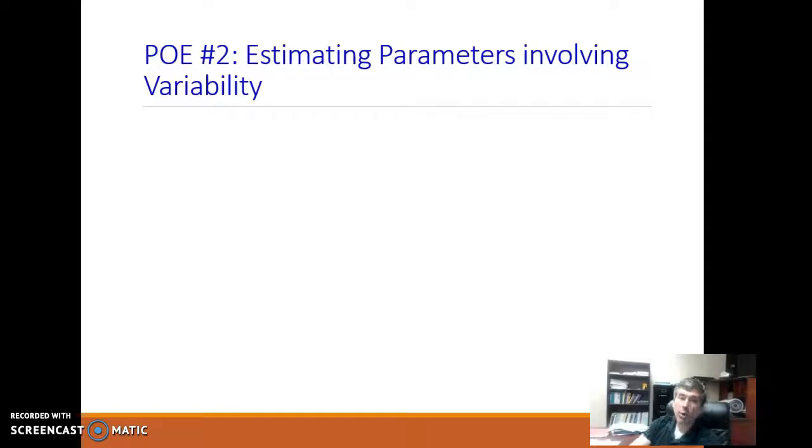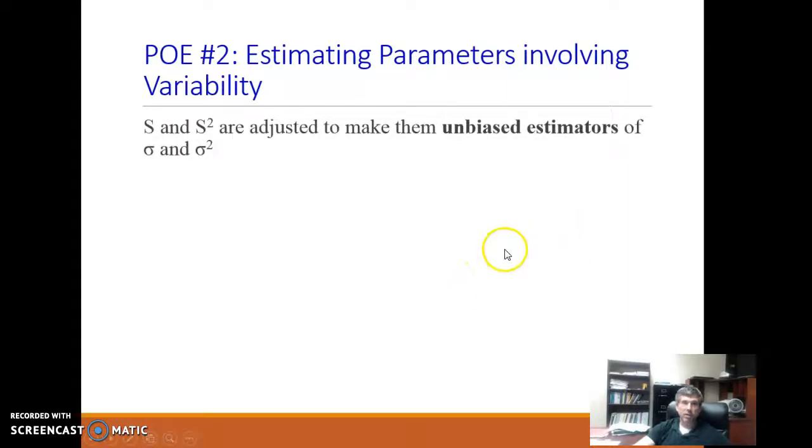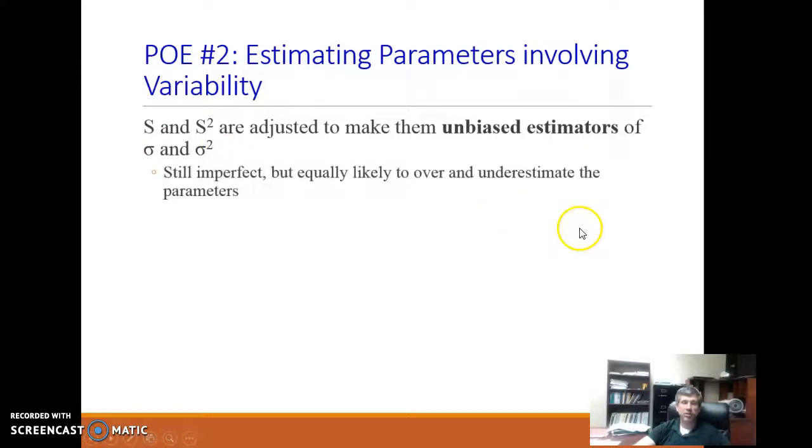So before we get to that, our point of emphasis, number 2, is again using variability to estimate those parameters. So to recap what we just talked about, we can calculate sample statistics, but what we really want to know are these parameters. The problem is that these statistics are biased estimators. They tend to underestimate the real parameters. So we make this adjustment. It's still imperfect, but it makes them, again, more unbiased.